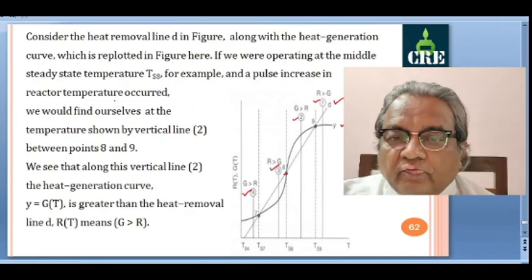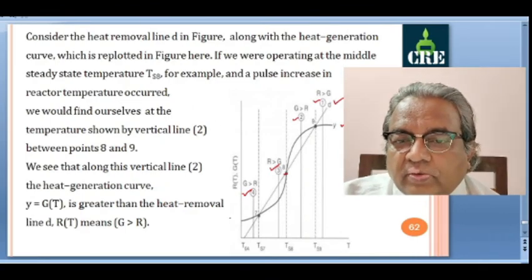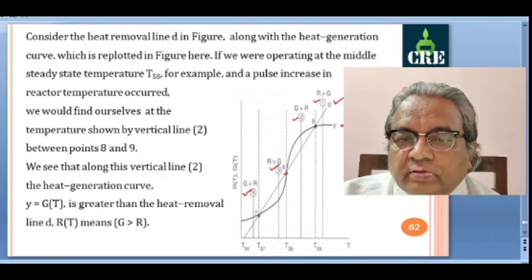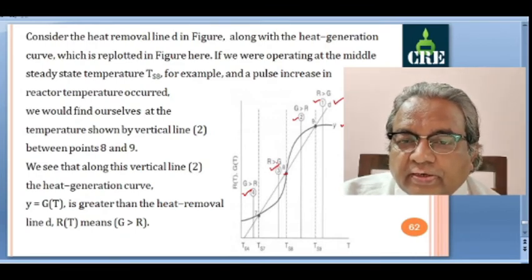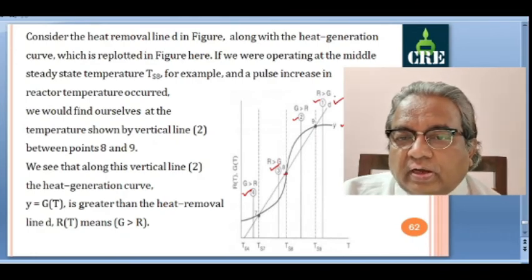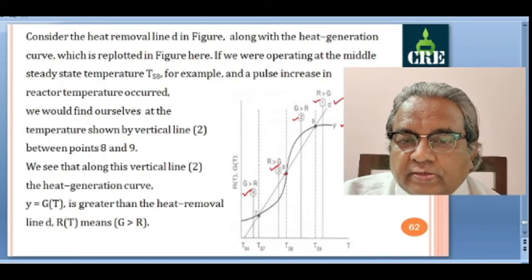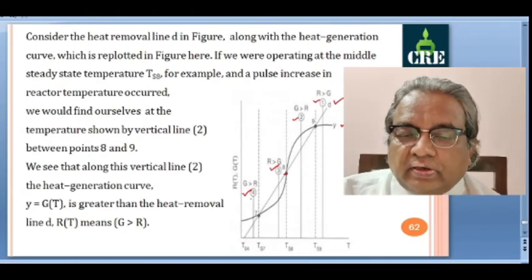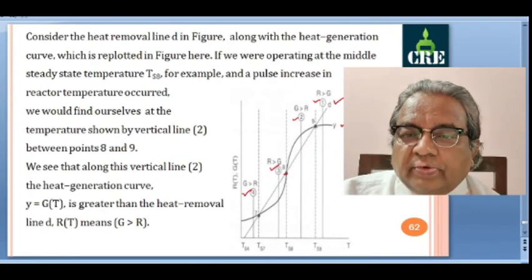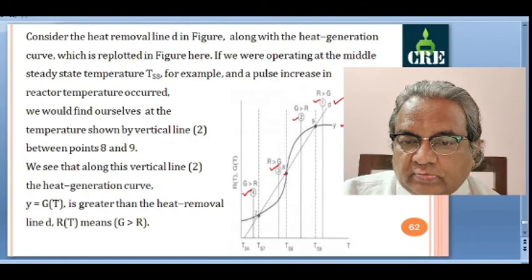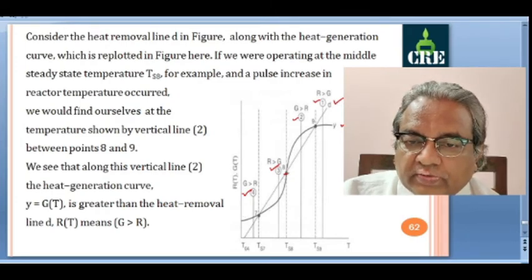And then we have seen these regions. We have taken one unstable point here, and beyond this any small change here, G greater than R, and in this direction it is R greater than G. Here again it is changing, R greater than G. Here it is R greater than G. Here it is becoming G greater than R. So these are these representations, because this curve as it passes, this is decreasing this value, again this takes over this.